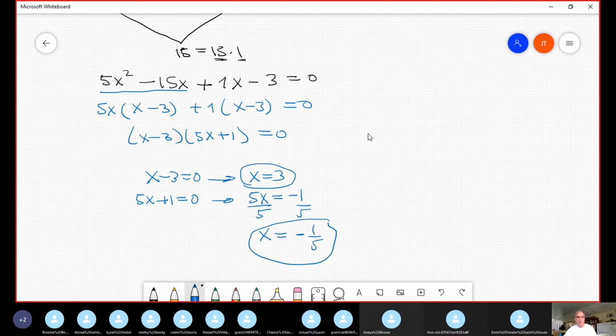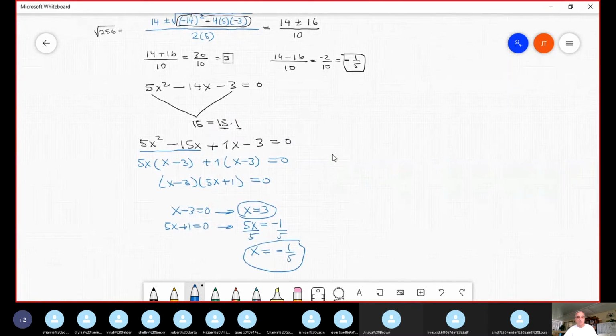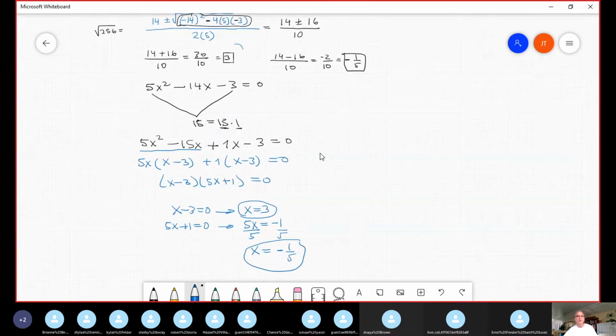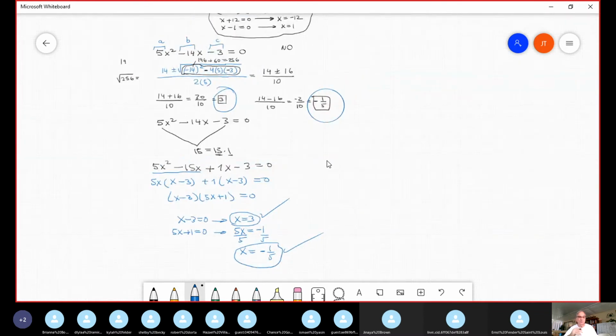What do you consider is the best way, factorization or the quadratic formula? For this one, I would say the quadratic formula is the best one. Okay, I agree. Super.